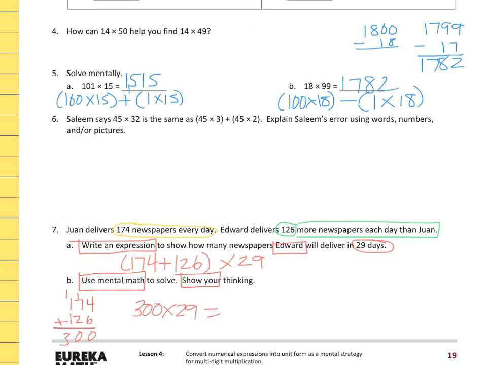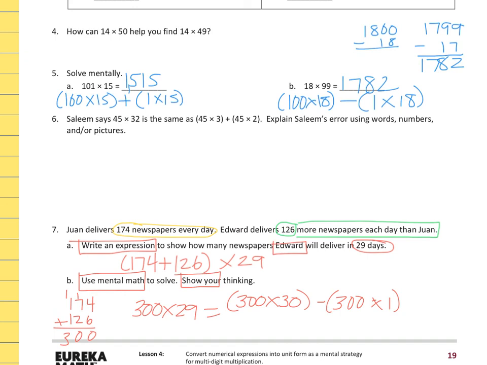So we're going to do mental math. And so let's actually say, okay, well, 29 is close to 30. So why don't we do 300 times 30, and then we'll take away 300 times 1. We'll take away 1 300 to get the answer for 29 times 300.